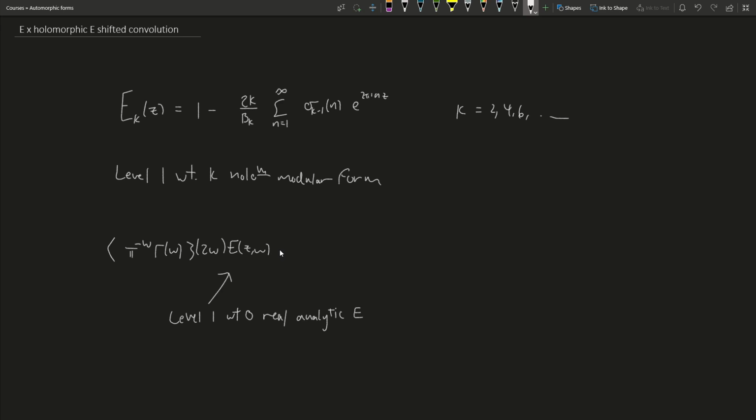And then we'll continue as before, and then we'll put in our holomorphic Eisenstein series here, and take the complex conjugate, like we saw last time. And we'll take this inner product with, again, the Poincaré series at s bar.